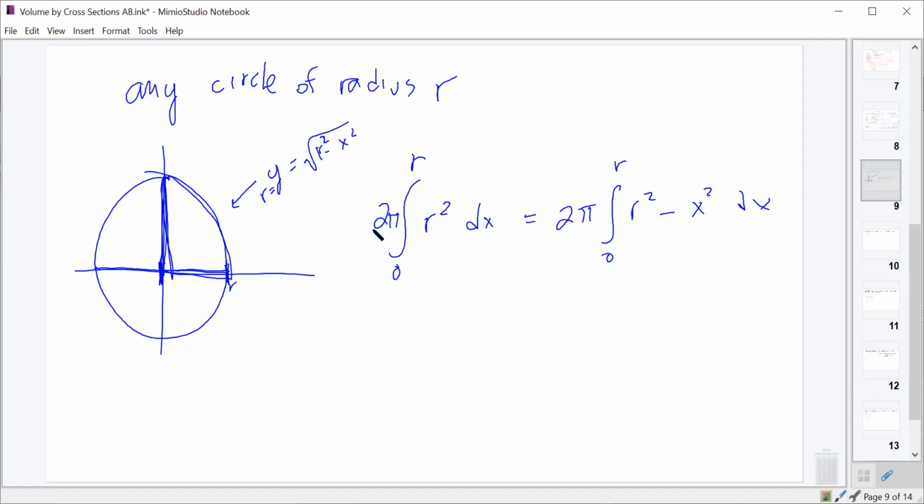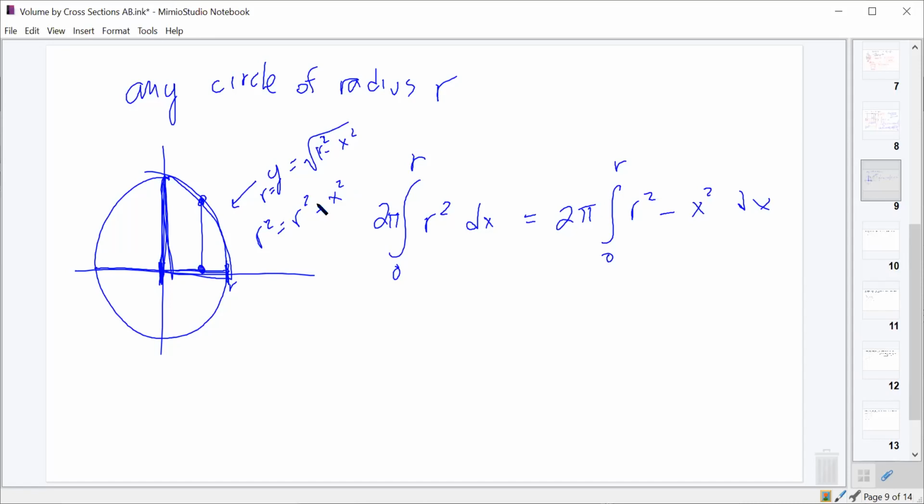And then my area of each of these little discs that I get, each of these circles, is pi r squared, where r is the radius of that circle, and r is equal to y, which is the square root of r squared minus x squared. So r squared ought to be just r squared minus x squared.